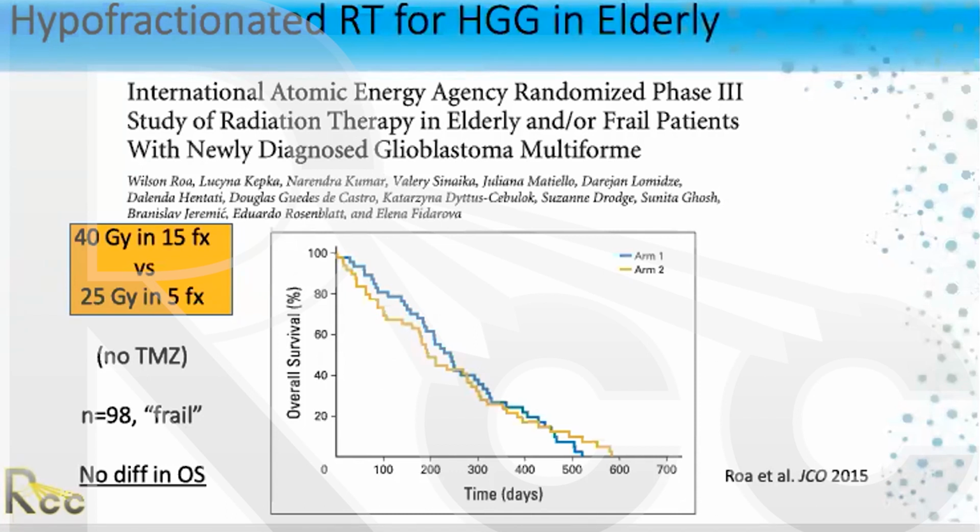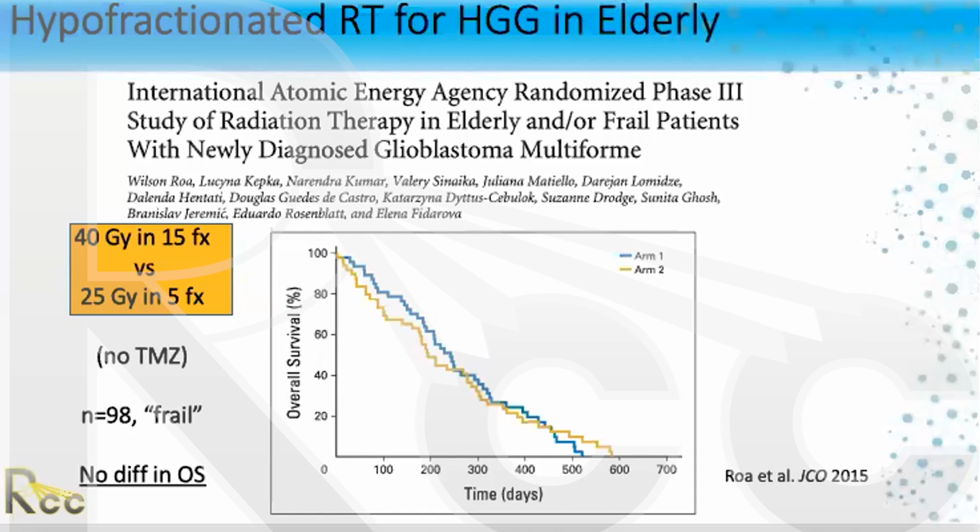Taking that 40 gray in 15 fractions, then further reducing it down to 25 gray in just 5 fractions. And you can see here also non-inferiority, still associated with poor overall survivals of less than a year in this patient population, and somewhat limited in terms of the volume size of the targeting, especially with such a hypofractionated dose of 25 gray in 5 fractions.